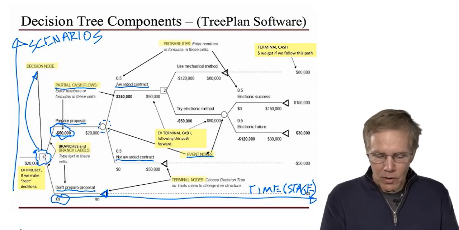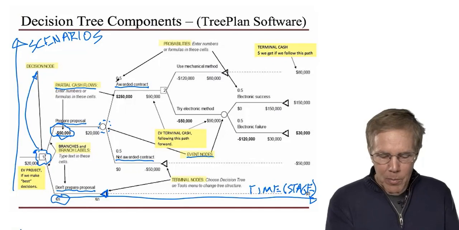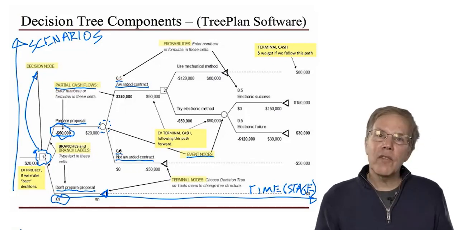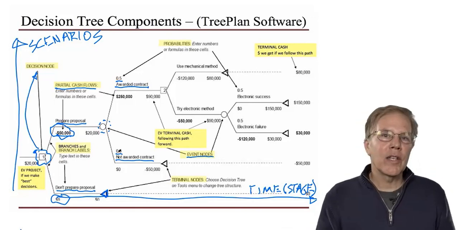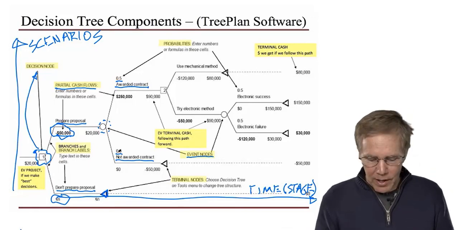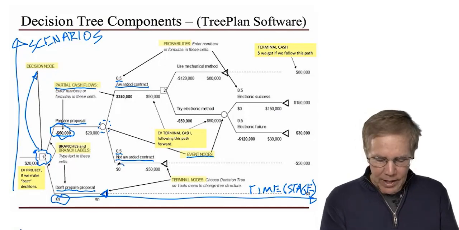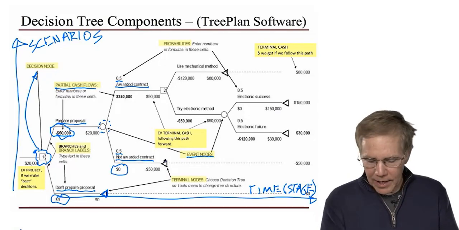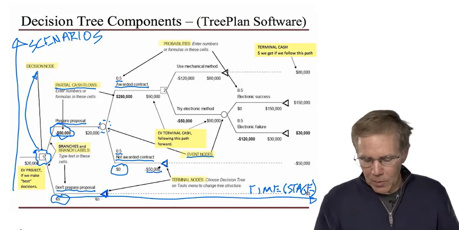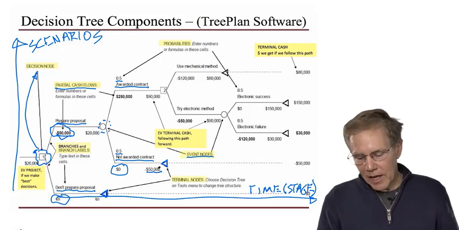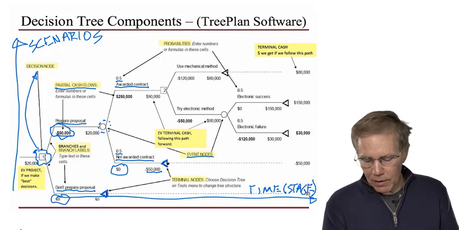Well, event nodes have probabilities associated with them, and these are guesstimated by us. So in this case, we're saying we have a 50-50 chance of being awarded the contract. If we're not awarded the contract, we get nothing, and again, we're done. And here, this shows us at the terminal node what we wind up with net if we follow the tree to the end of this branch.